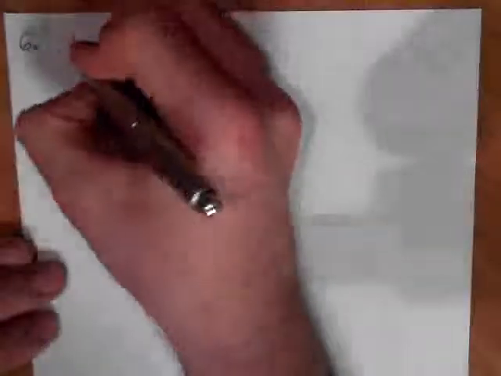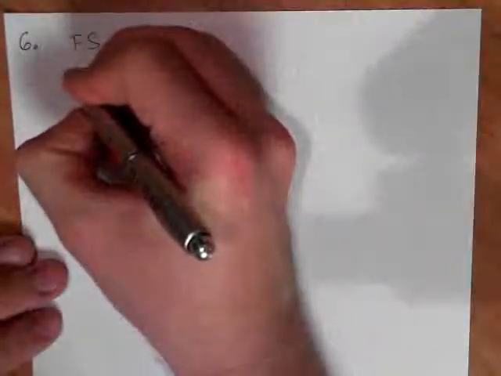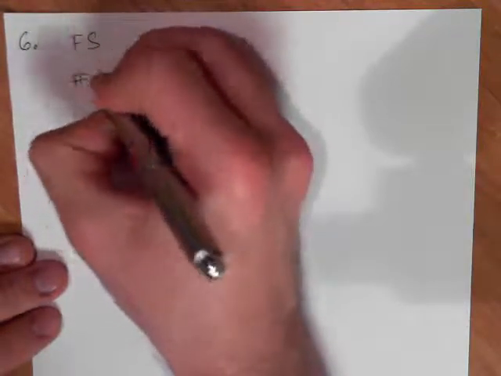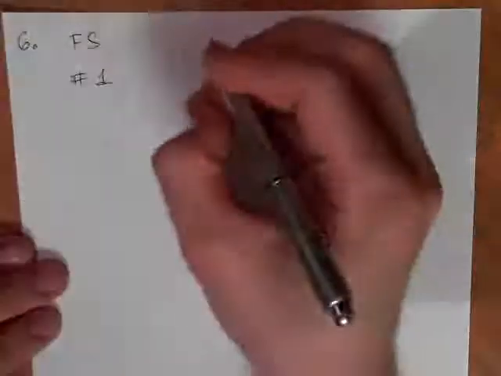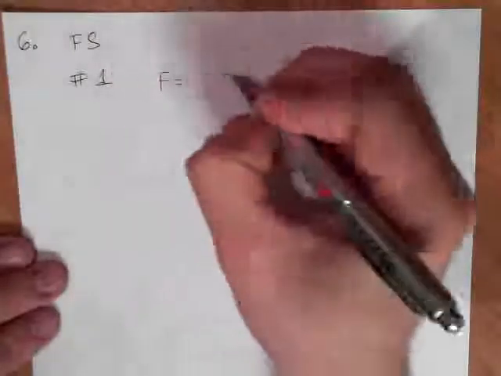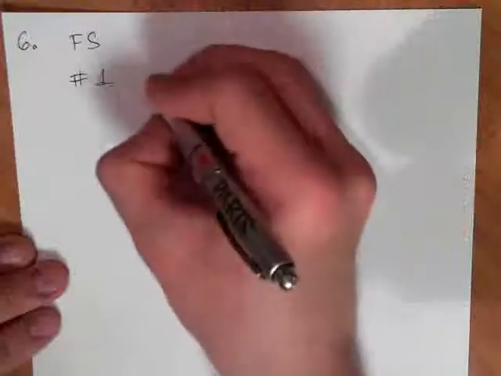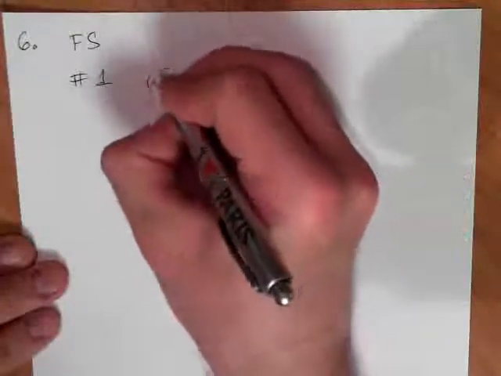Now question 6. The first member of Fourier series, member number 1, has the frequency 100. Frequency, it is here omega.